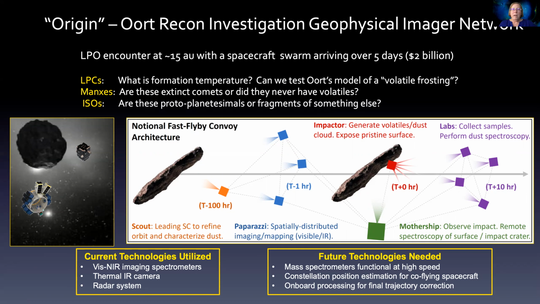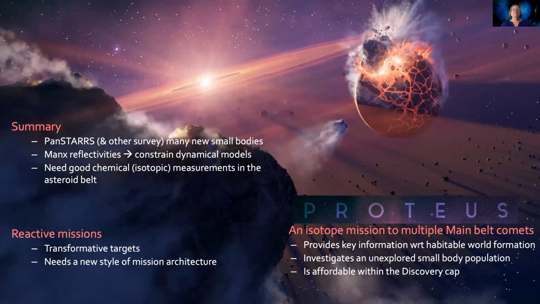So these will be the wave of the future for the new innovations in terms of space missions. But I think if we want to go after these high value targets, such as long period comets, Manx comets, interstellar objects, we're going to need a new way of doing missions.